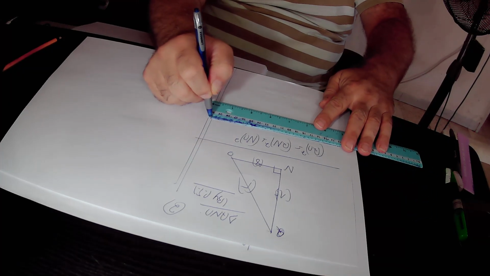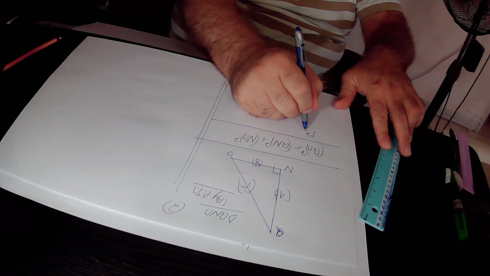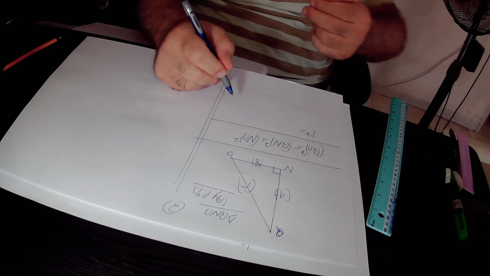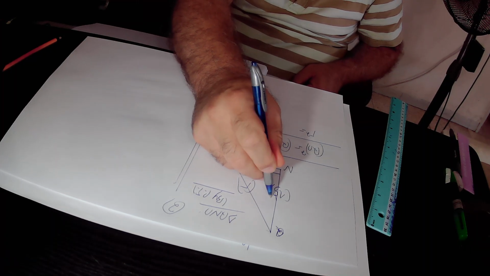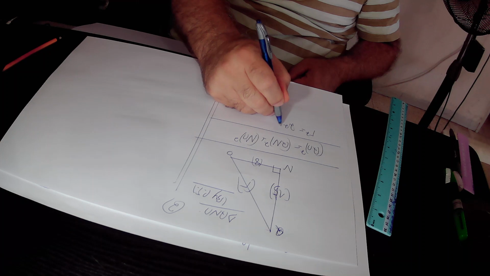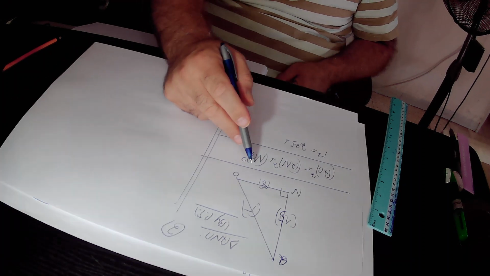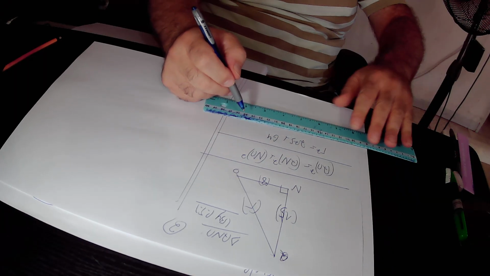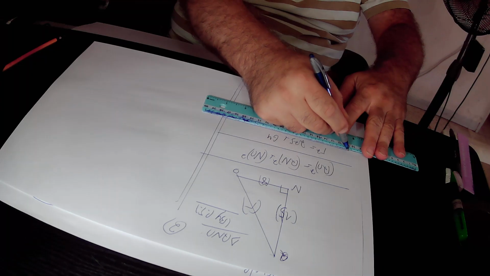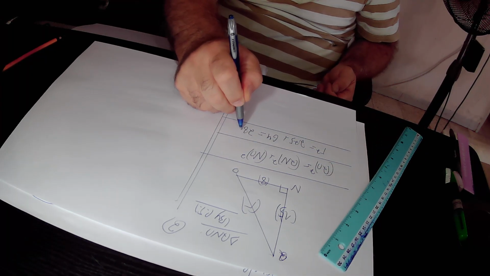The hypotenuse QO equals R, therefore QO squared equals R squared, and it equals QN squared plus NO squared. QN is 15, therefore QN squared is 15 squared, that is 225, plus NO squared. NO equals 8, therefore NO squared is 64.